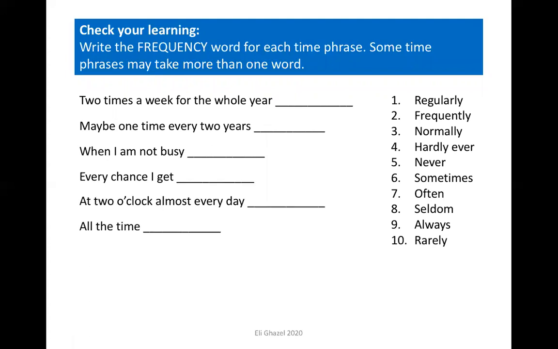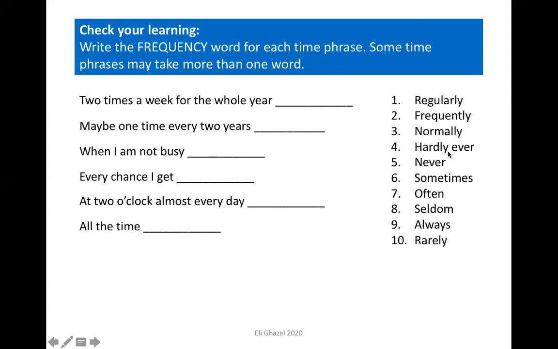So here are the sentences. 2 times a week for the whole year. Now remember, some of these might take more than one word, because these words are relative to time and relative to many other things. So sometimes more than one can work here.